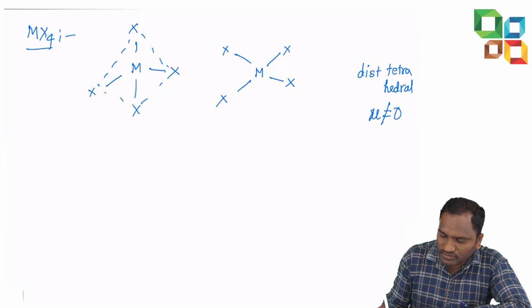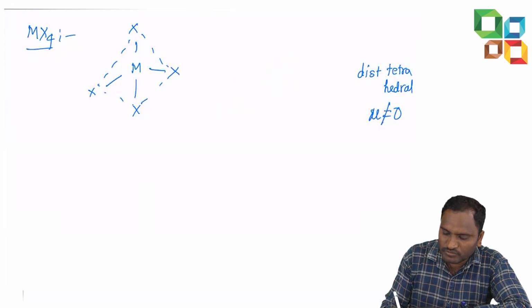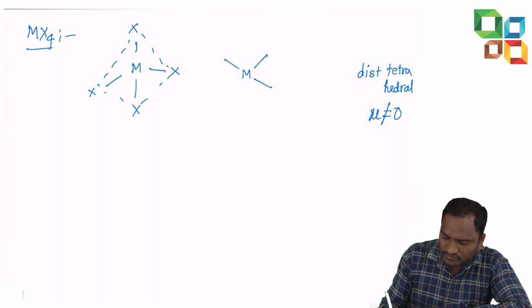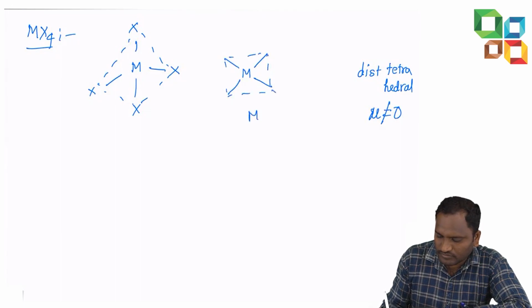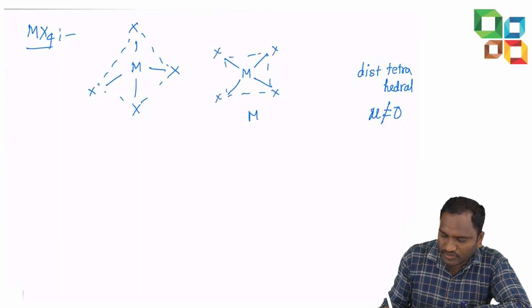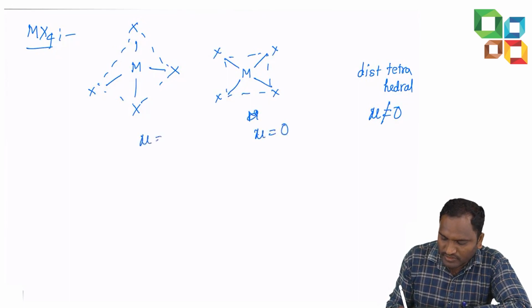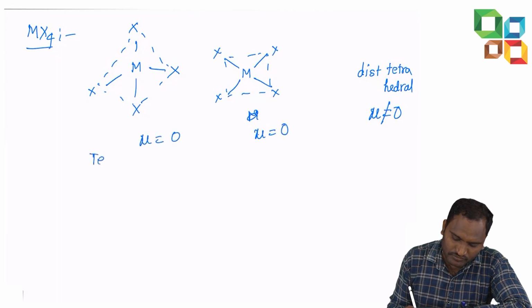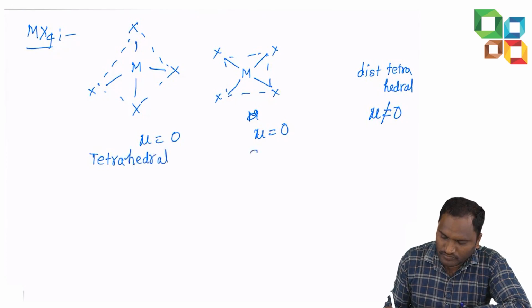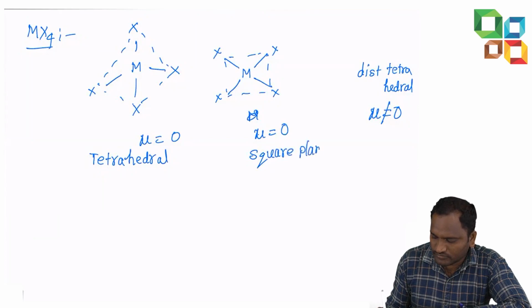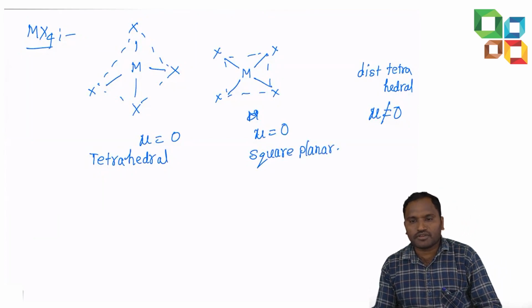In both tetrahedral and square planar shapes, dipole moment is equal to 0, because of the symmetrical arrangement.